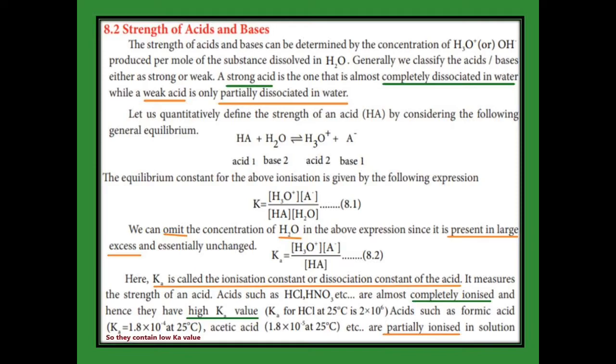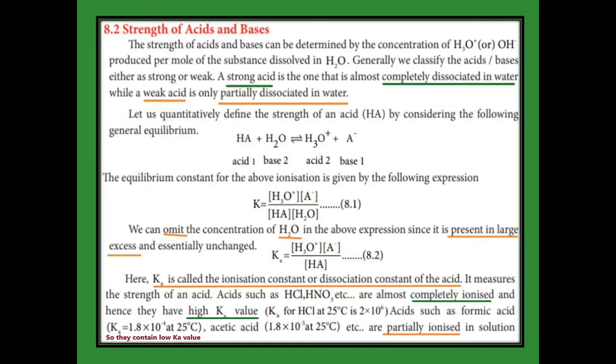That constant we usually write with the product concentrations in the numerator and the reactant concentrations in the denominator. So K is equal to the concentration of H3O plus times the concentration of A minus in the numerator, divided by the concentration of HA times the concentration of water.